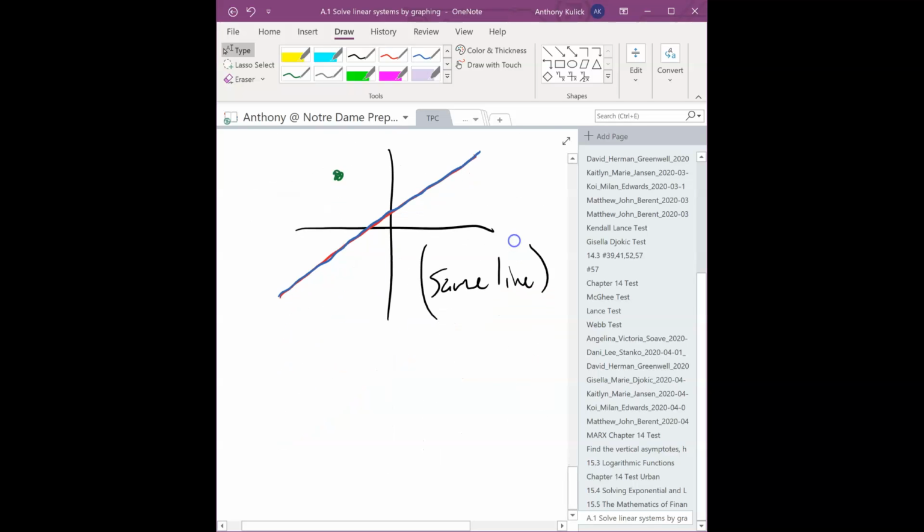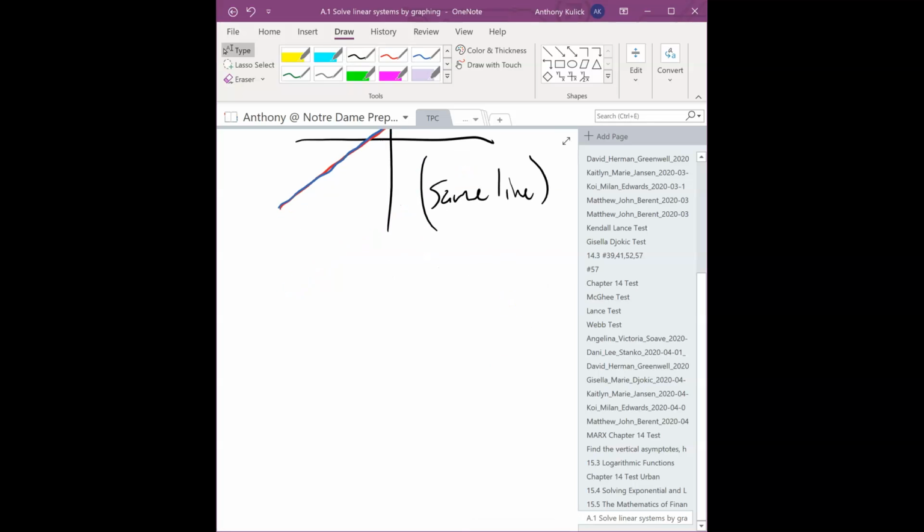Okay. So we can use these observations that we've just made, and we can even ascertain whether things are one solution, infinitely many solutions, or no solution before we even attempt to graph them.